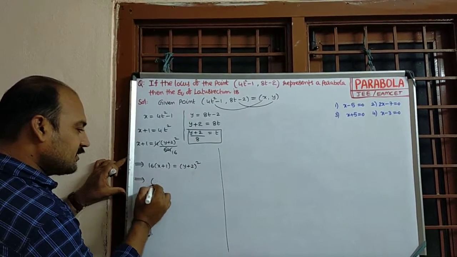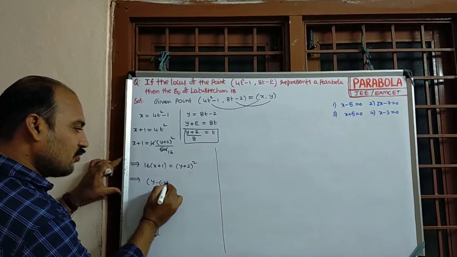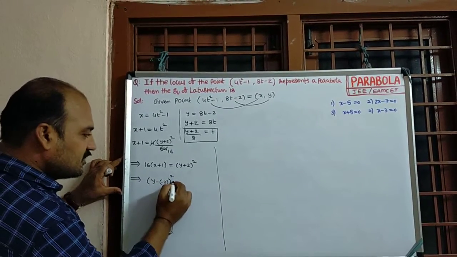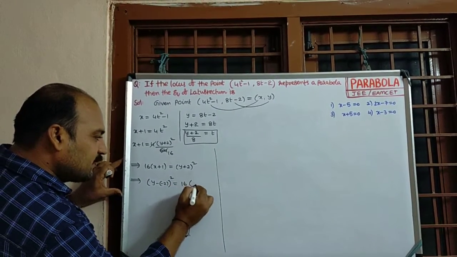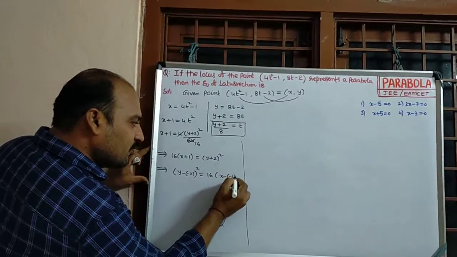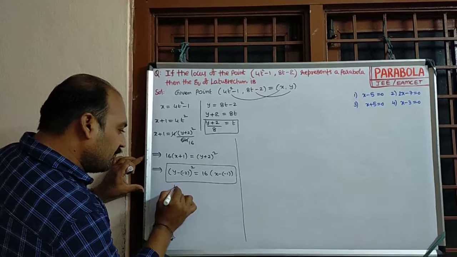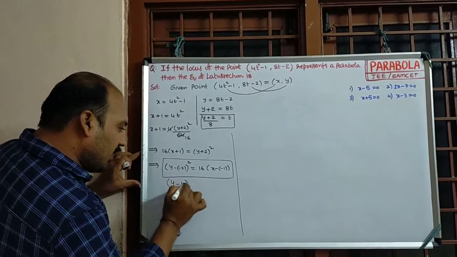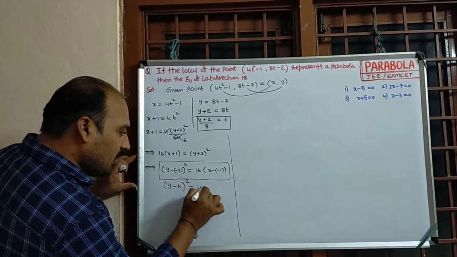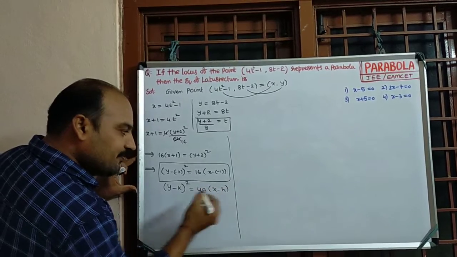This can be written as (y − (−2))² = 16(x − (−1)). This equation you have to compare with (y − k)² = 4a(x − h).